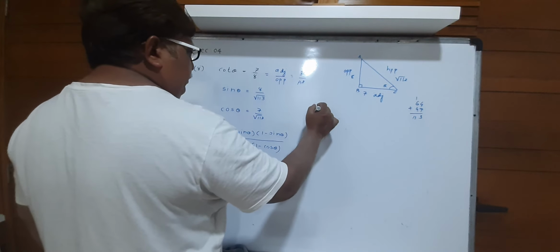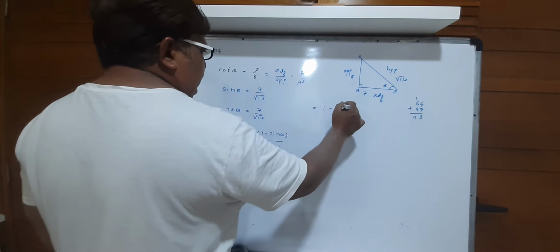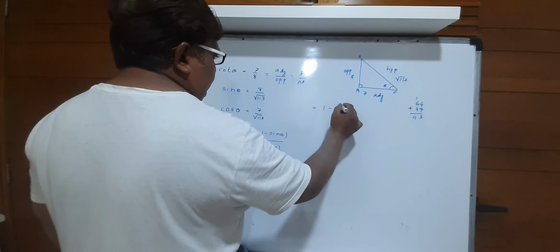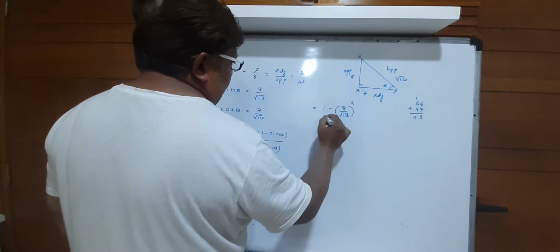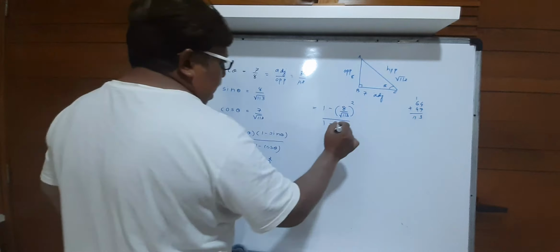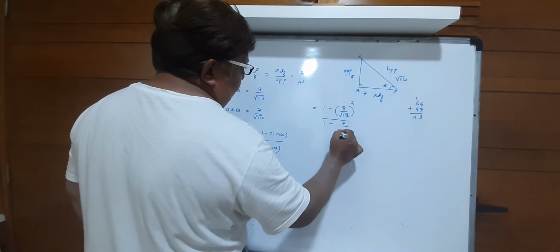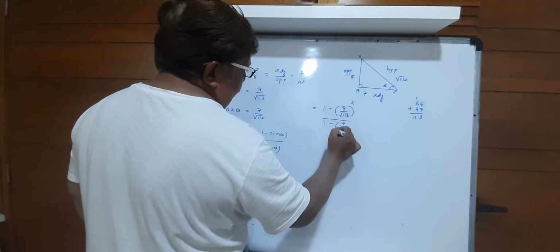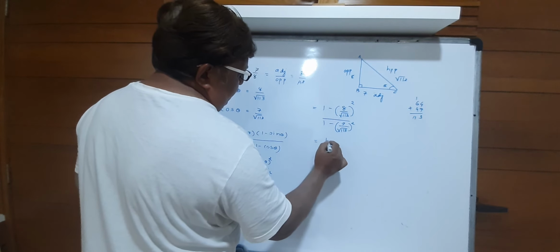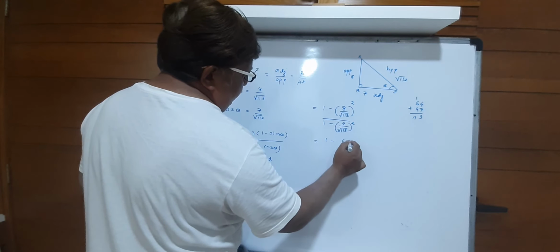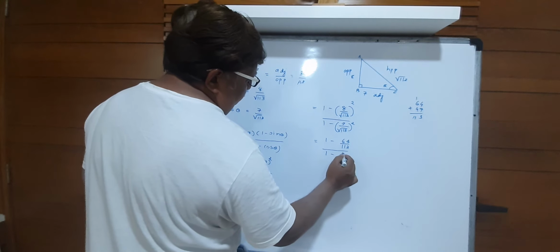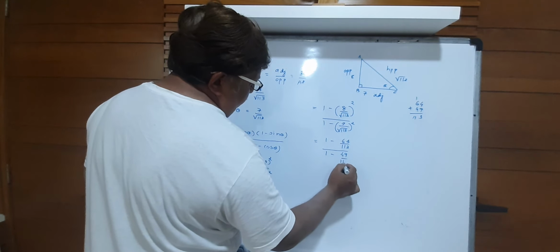I just carry on the sum here. 1 minus sin square theta, 8 upon root 113 whole square, 1 minus cos square theta, 7 upon under root 113 whole square. Let us simplify. 1 minus 64 upon 113, 1 minus 49 upon 113.